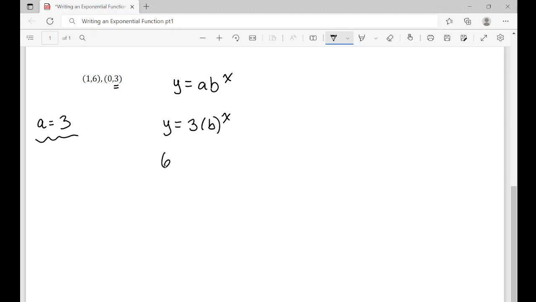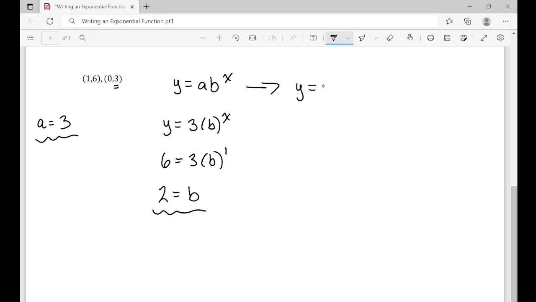So I'll get 6 equals 3 times b to the first power. And now we just need to solve for b, so I'm going to divide by 3 and I'm going to get 2 equals b, and the exponent of 1 is not necessary to write out. So here I have b. And now that I have a and b, I can just plug it into my form here to write my equation.